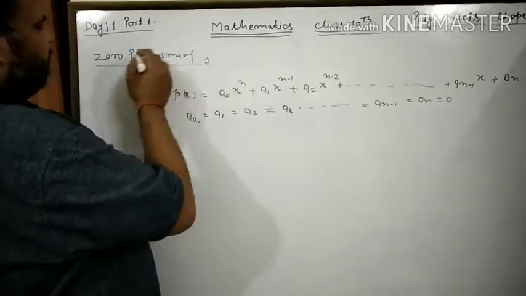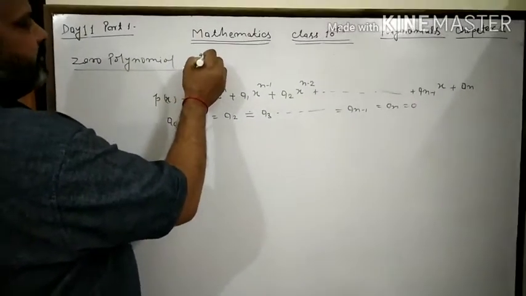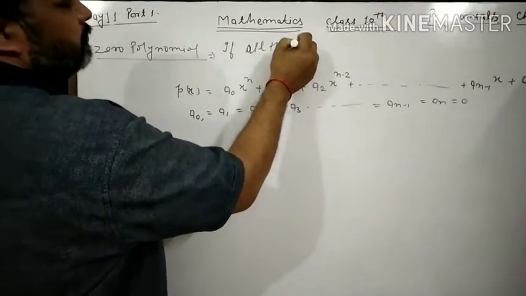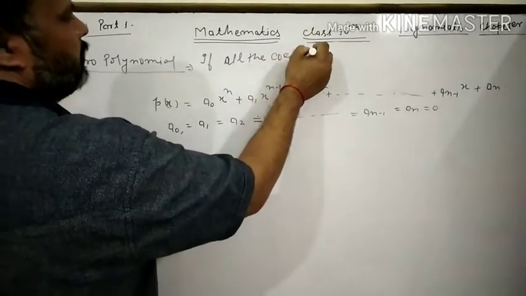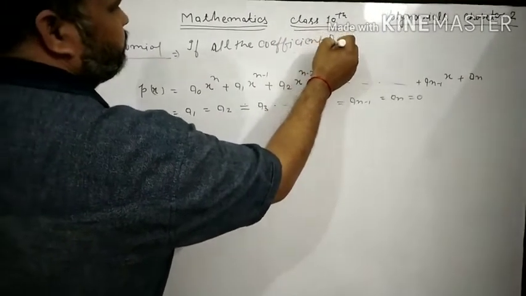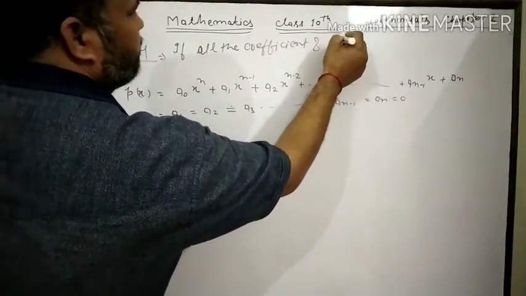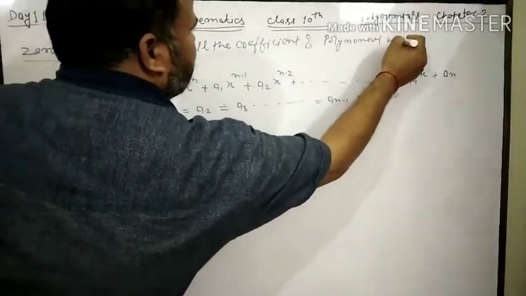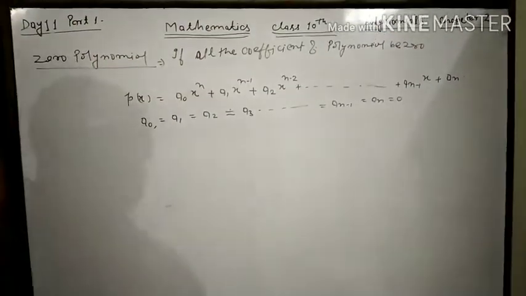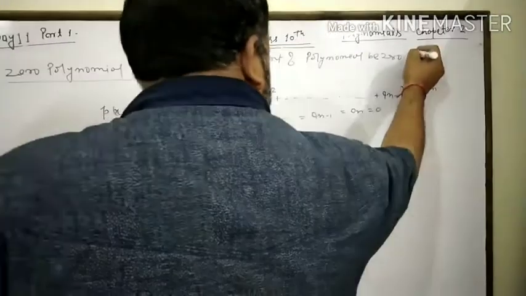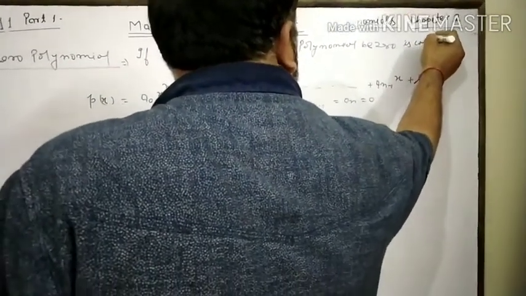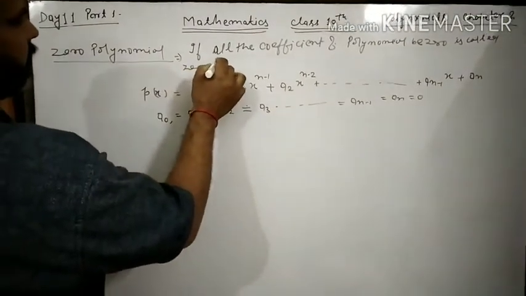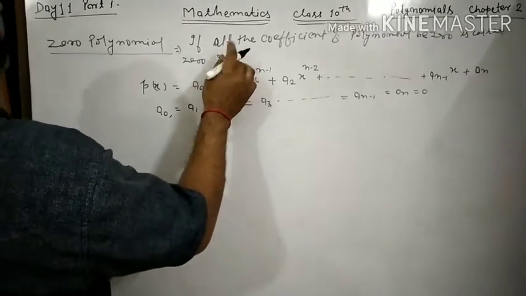Then in which way can you define it? If all the coefficients of a polynomial are 0, it is called the zero polynomial.